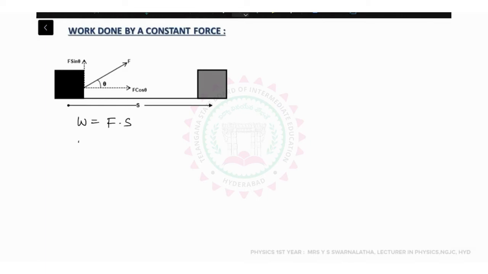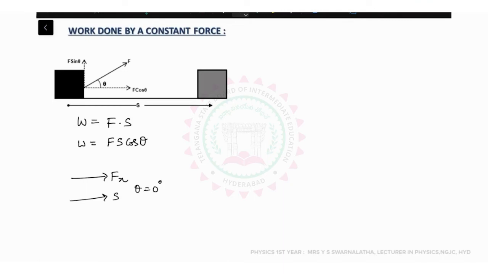W is equal to F dot S అని తెలుసు. సో F dot S అంటే W is equal to Fs cos theta. సో ఇక్కడ బల సదిశ రాశిని రెండు అంశాలుగా విభజిద్దాం. ఒకటి క్షితిజ సమాంతర అంశము F cos theta, ఇంకోటి లంబాంశము F sin theta.